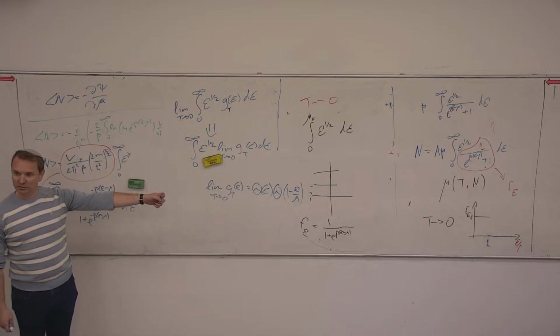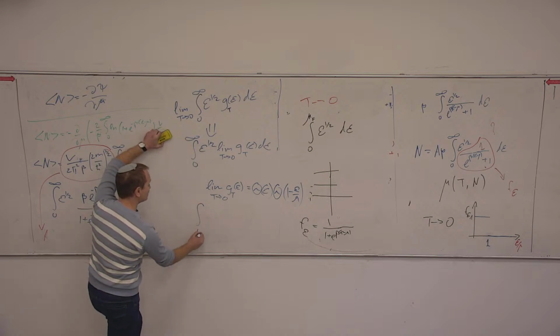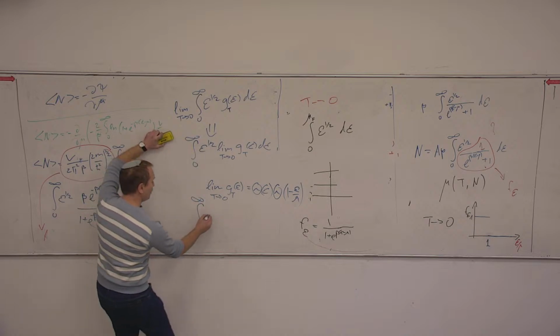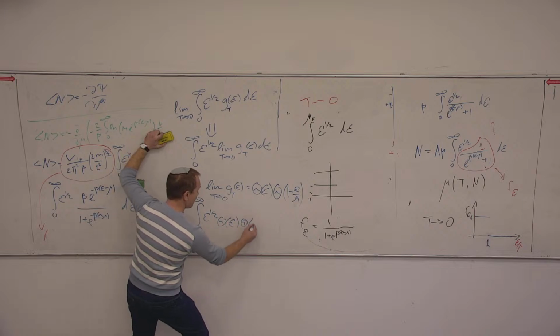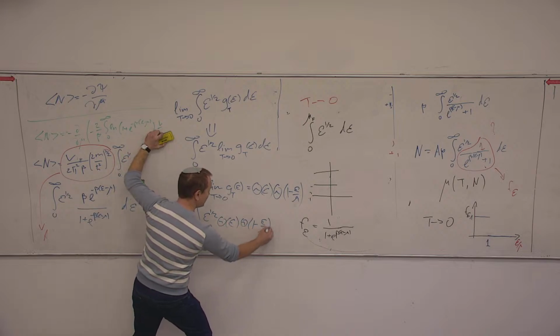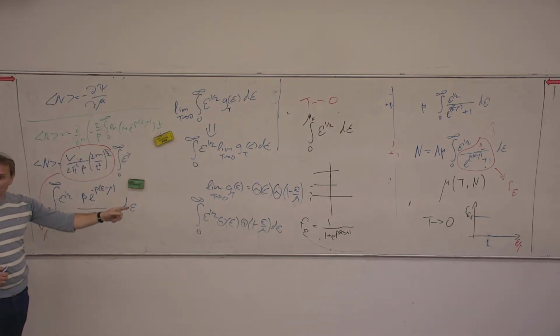Is this a limit? I plug it inside. I have an integral from 0 to infinity of epsilon to 1/2, theta of epsilon, theta of 1 minus epsilon divided by mu, d epsilon. Kosher? Great.